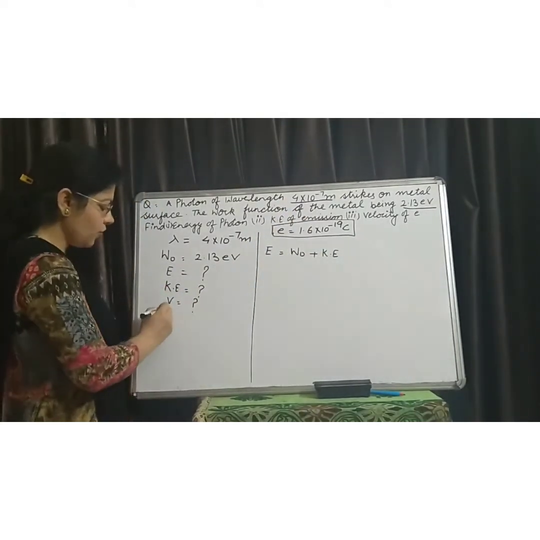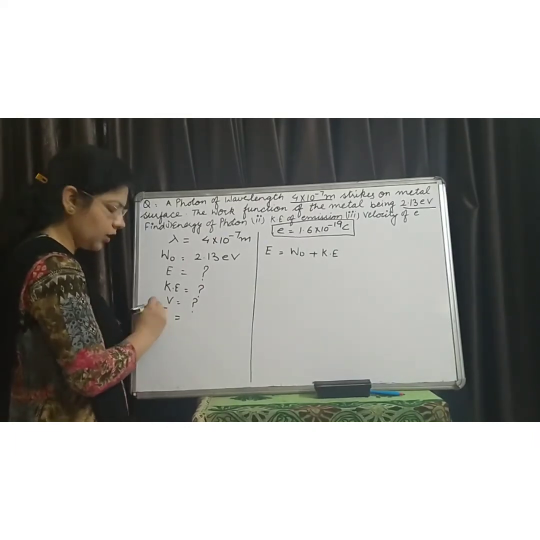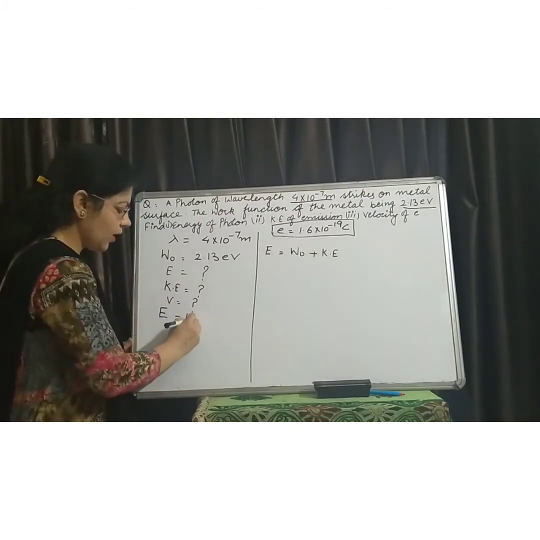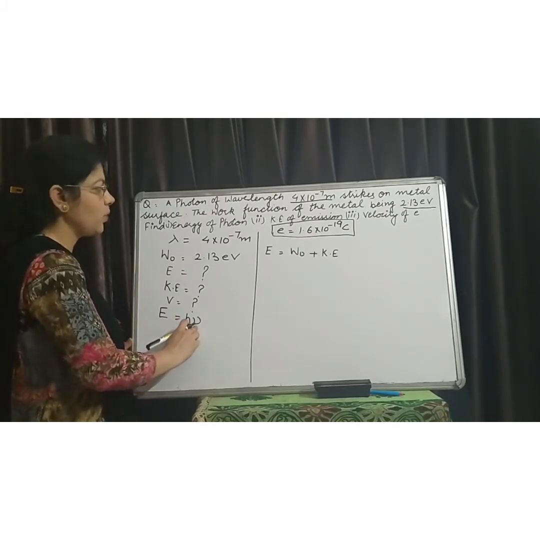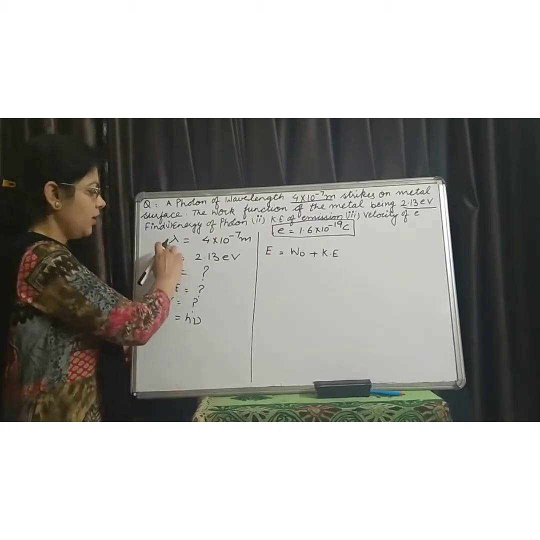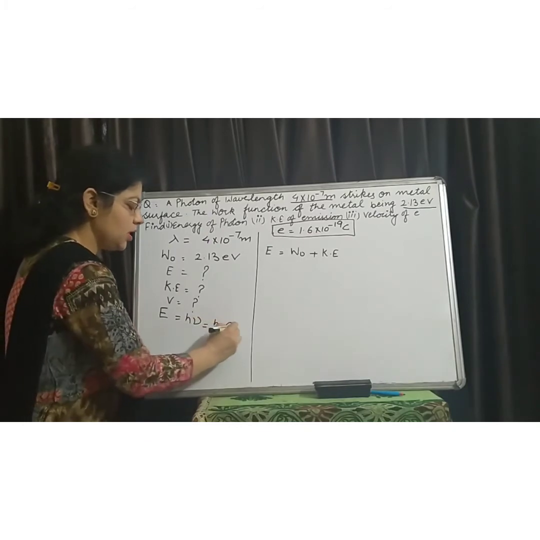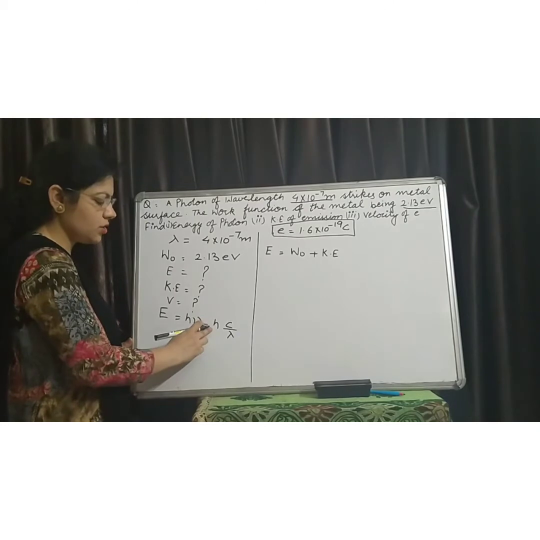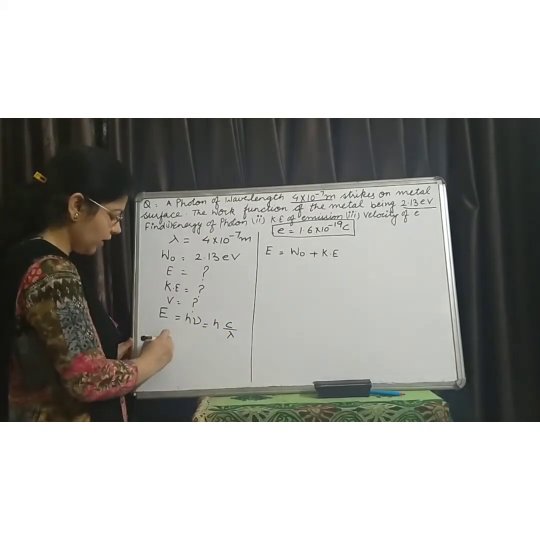For calculation of the energy, E is equal to h nu, where h is Planck's constant and nu is the frequency. In this question, frequency is not given. Wavelength is given, so E = hc/lambda, where c is the velocity of light, h is Planck's constant, and lambda is the wavelength.